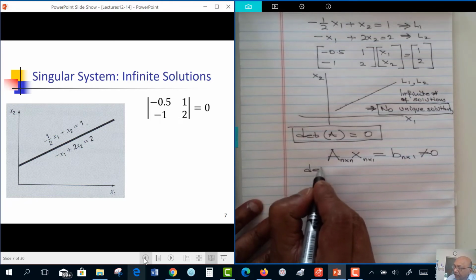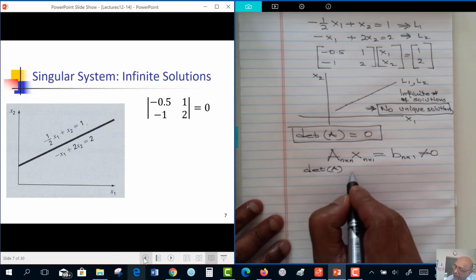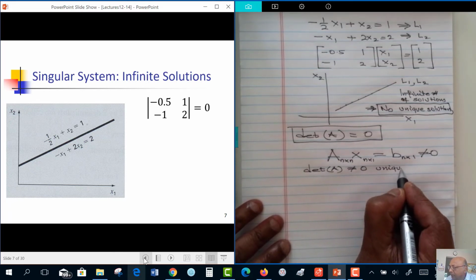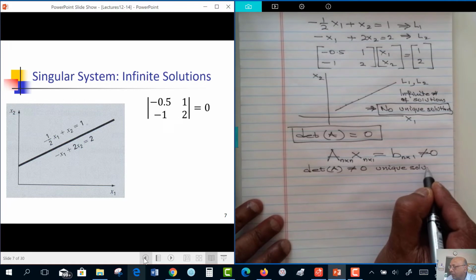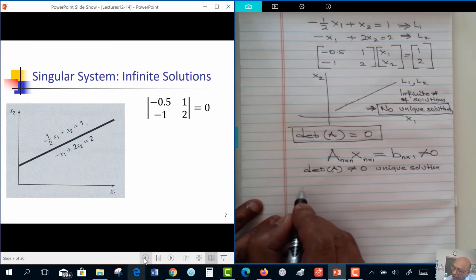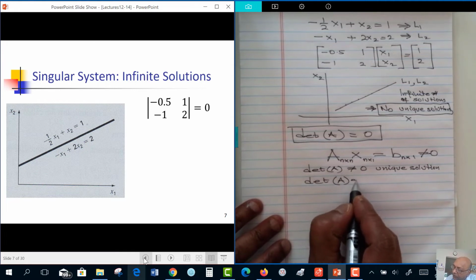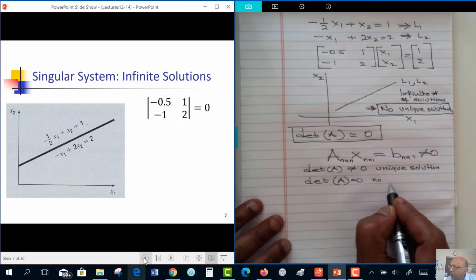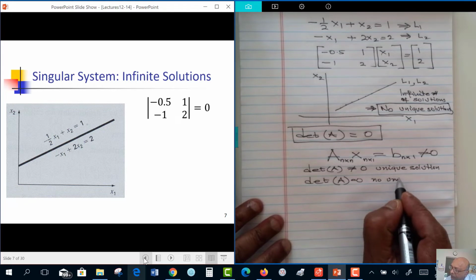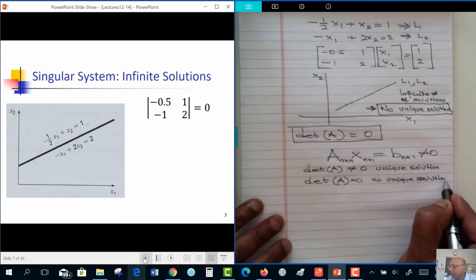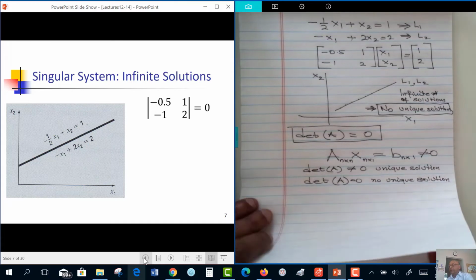So we find out determinant of A not 0, unique solution. Determinant of A is 0, then we have no unique solution.